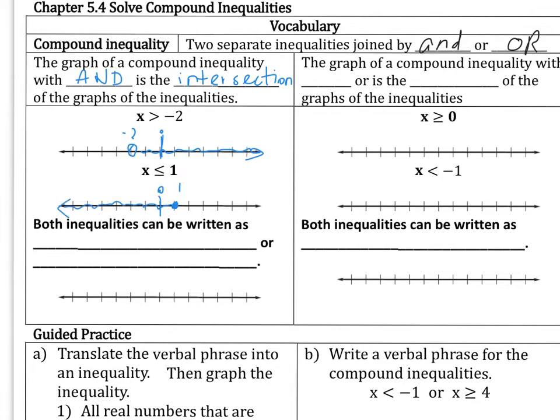So both inequalities can be written as -2 less than x and x less than or equal to 1, or simply -2 less than x less than or equal to 1.